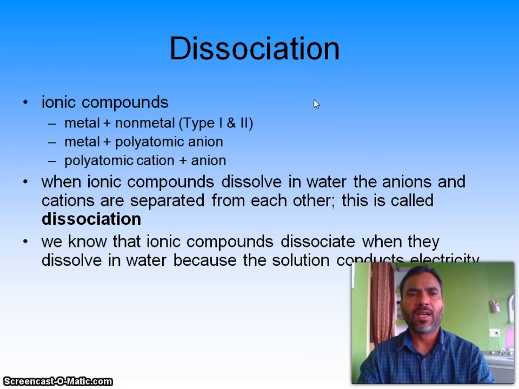Dissociation. Ionic compounds: metals plus non-metals, type 1 and type 2, metals plus polyatomic anion, and polyatomic cation plus anion. When ionic compounds dissolve in water, the anions and cations are separated from each other.